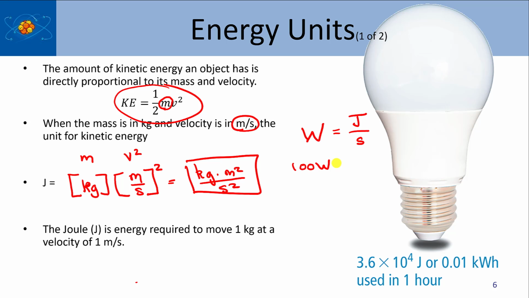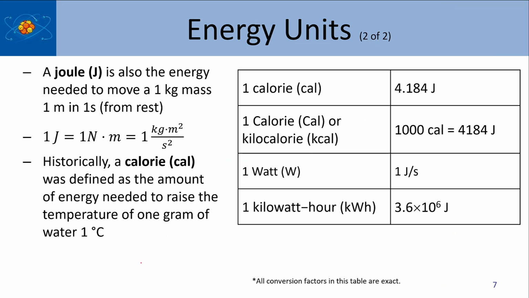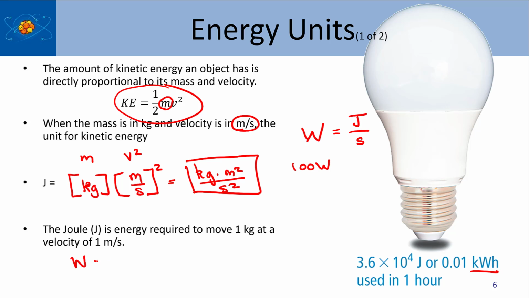Now, another common related unit is known as the kilowatt hour. So let's break down what that actually means. A watt is equal to a joule per second.